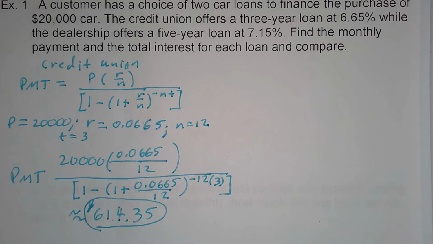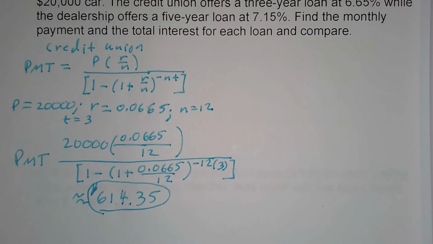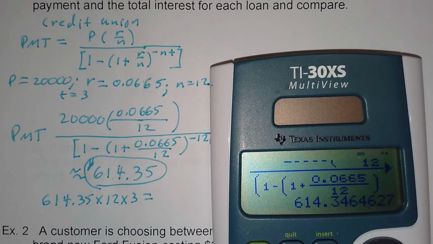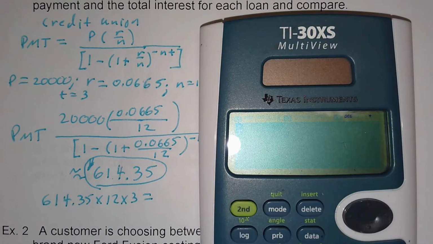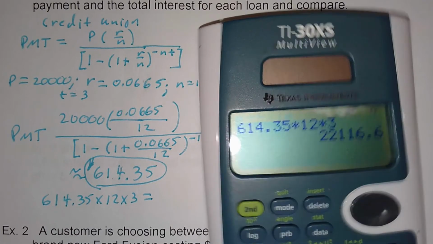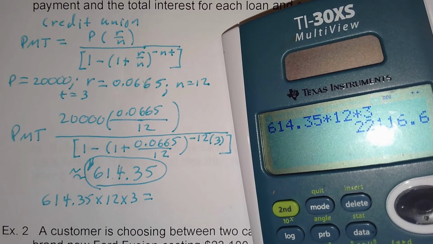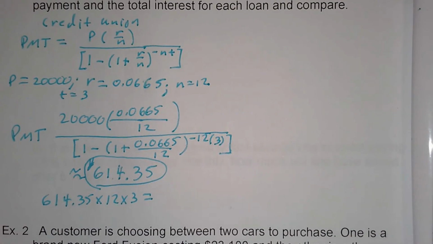Now for my total interest, that's the net payment I'm making per month for 3 years. So that will give us the total amount that will be paid: $22,116.60.